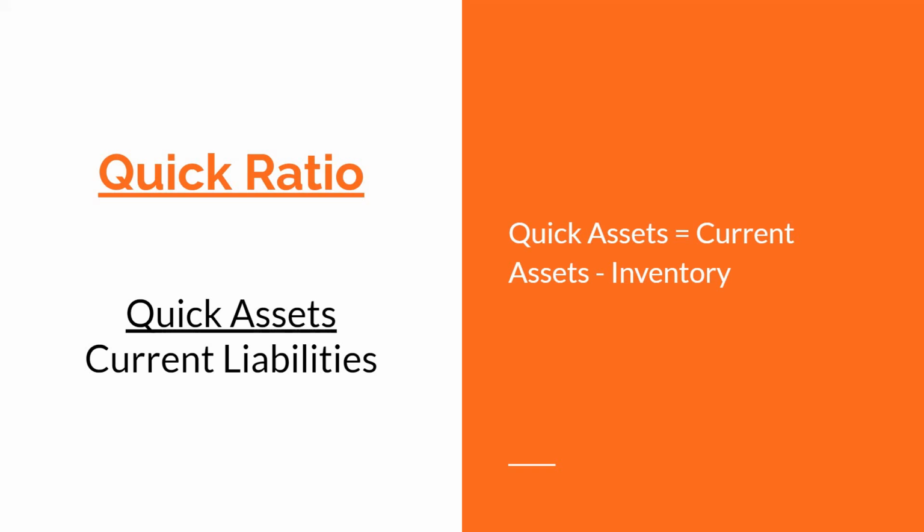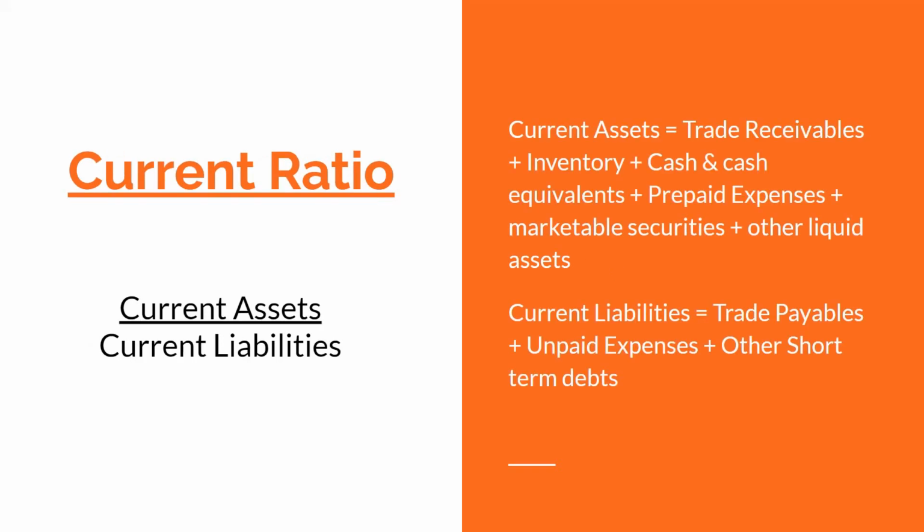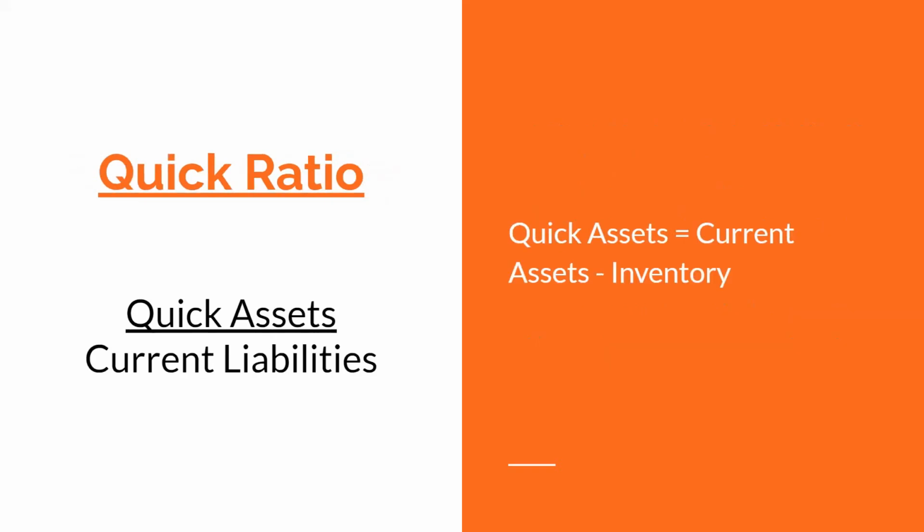So now you will have a ratio of 5,000 divided by 5,000, which equals 1:1. Now you get a better idea: the current ratio was 2:1, but your quick ratio is 1:1. So it gives a better idea of how liquid you are, how immediately you can pay your current debts, that is, short-term debts, current liabilities. So this is a great idea.